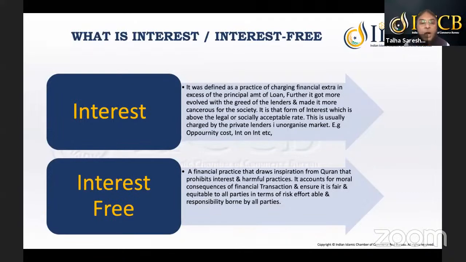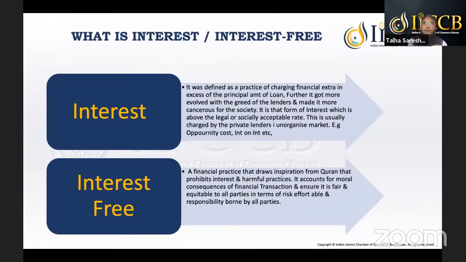This is usually charged by private lenders. Like you will find a lot of private lenders whose rate starts from 3% per annum, and you never come out of it. You are down and you are always in that vicious circle.